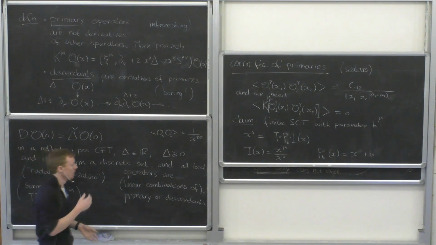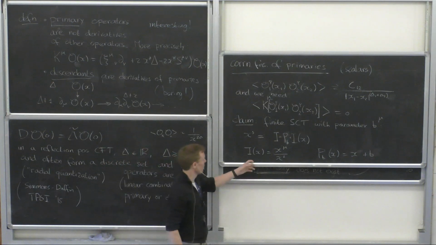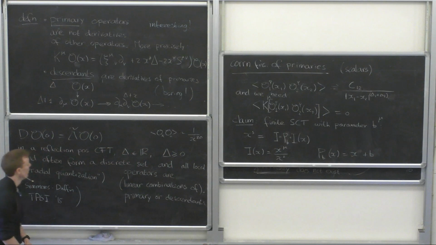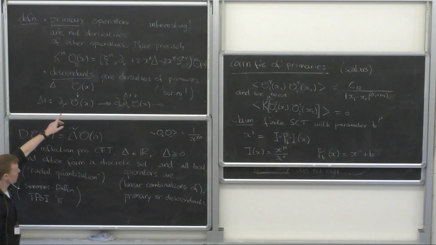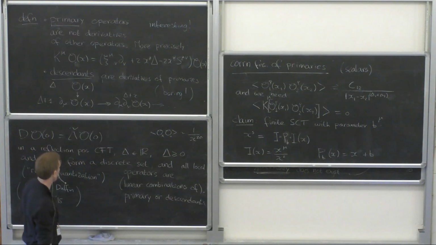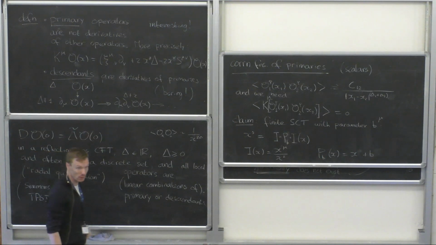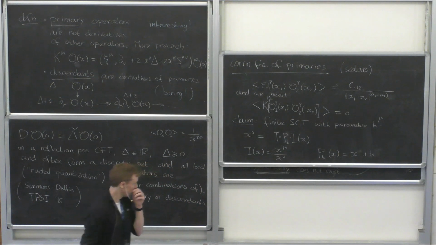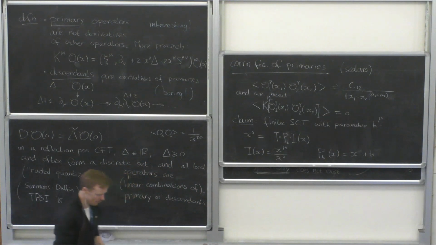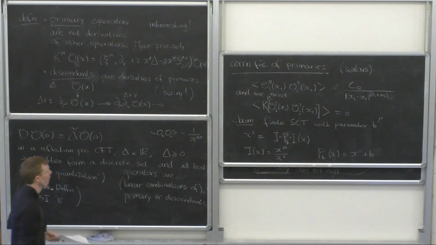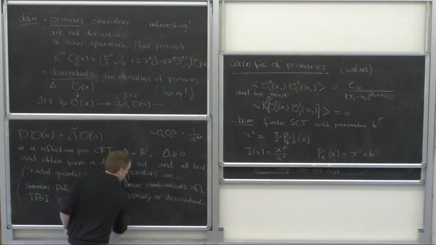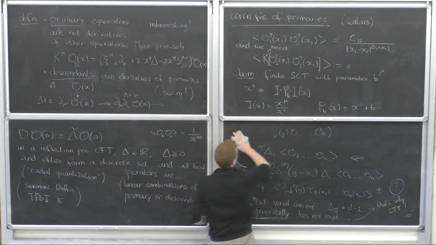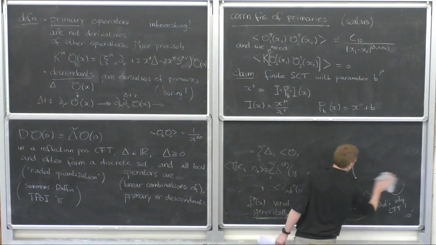So it keeps not the point at infinity fixed, but it keeps the origin fixed. And indeed, you see that the vector field psi mu, I erased it, I think, vanishes at the origin. So it keeps the origin fixed. So this is a nice way to check invariance under special conformal transformations.